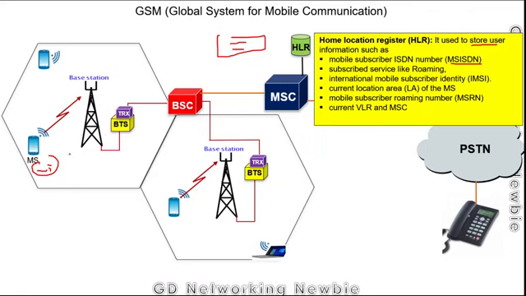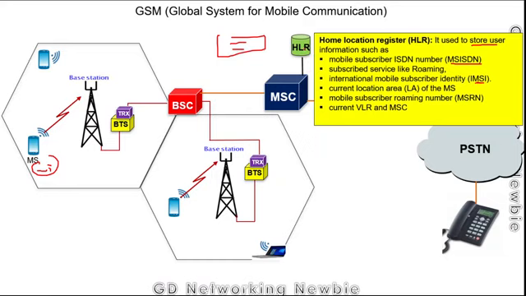That yes, a certain user, one specific user, has subscribed to roaming. So that information will be saved here. And this home location register will also have this IMSI, International Mobile Subscriber Identity Number. We will discuss these numbers in detail in some other video. But these are some of the numbers which are saved in the home location register.